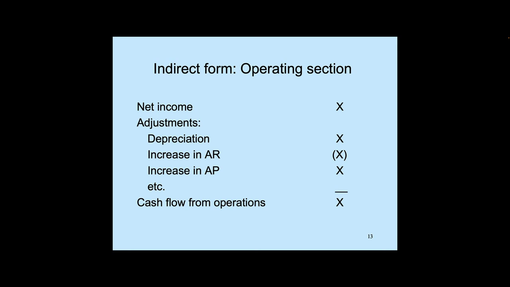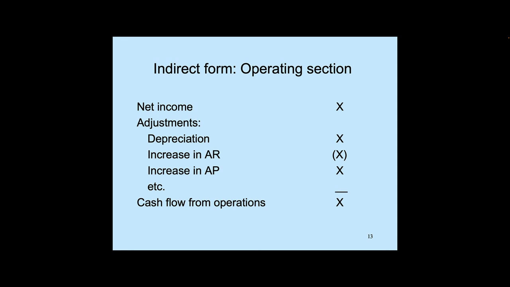And so we have a debit to operating expenses and a credit to accounts payable. That decreases net income for operating expenses, but it did not decrease our cash. And so we need to add that back.